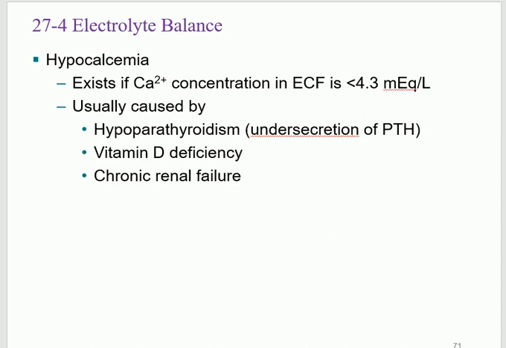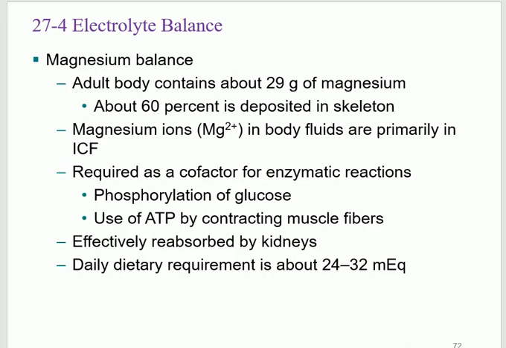So here is hypo and hyper. And the reasons here are all about understanding what increases calcium in the blood: parathyroid hormone and vitamin D. What if I don't have it? Deficiency, right? If the kidney is not doing the work, not retaining it, renal failure. Magnesium. Magnesium is important for the bone.